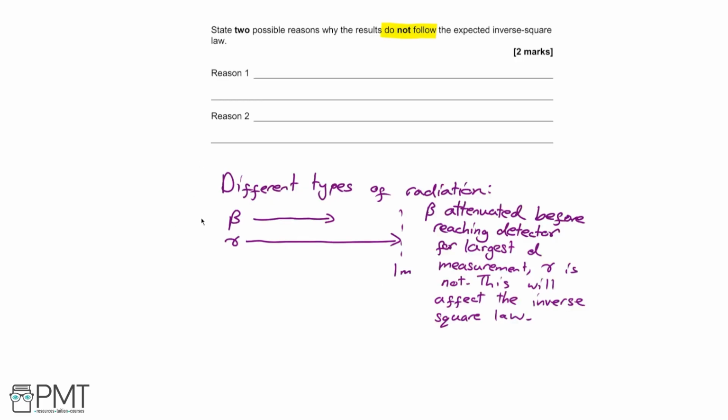Another possible reason is found by considering the behavior of the source. Specifically, think about how radioactive the source is. This comes from A is equal to lambda n, where A is the activity and n is the number of radioactive nuclei.